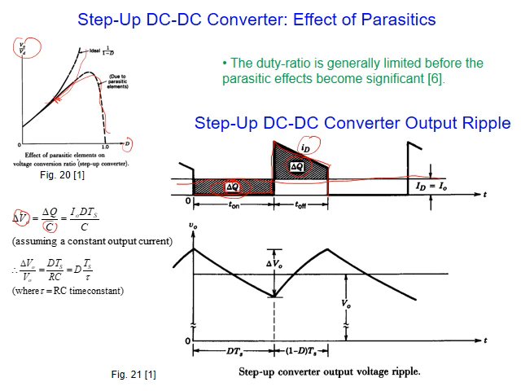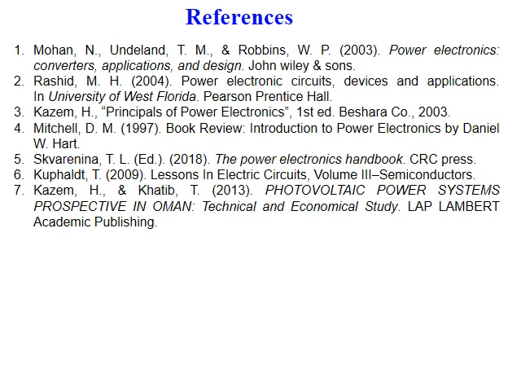Now this delta Q is the time from here to here, times the average, which is IO. IO times the time T on, which is DTs. A very simple equation. We can use it to calculate the ripple. And don't forget that the capacitor value specifies how much ripple we have. I will stop here. I'm looking forward to seeing you in the next session.